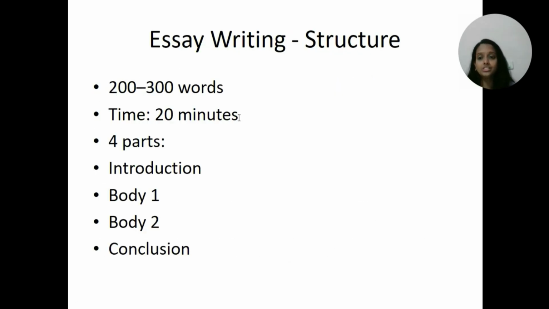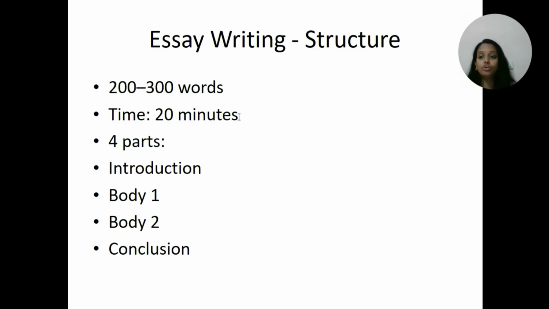So this is the task structure where the prompt will be given in 2 to 3 lines. You need to write between 200 to 300 words, and the time limit is 20 minutes. This task is testing whether your idea development is perfect or not. Can you expand the ideas in a very logical way or not?